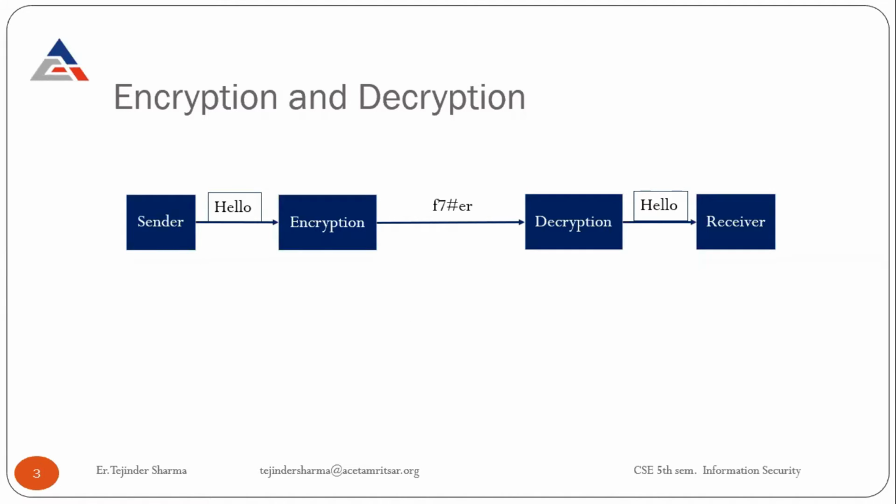Then the reverse of it, the decryption algorithm on the receiver side, will receive the ciphertext from the sender and use the same algorithm which was used for encryption to decode the ciphertext into the plain text, and this process is called decryption.